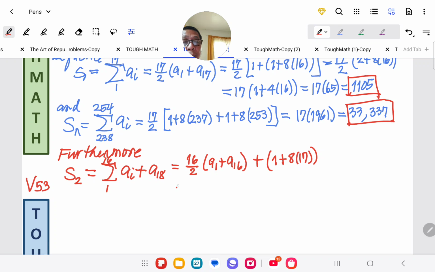A sub 1 is 1, a sub 16 is 1 plus 8 times 15.